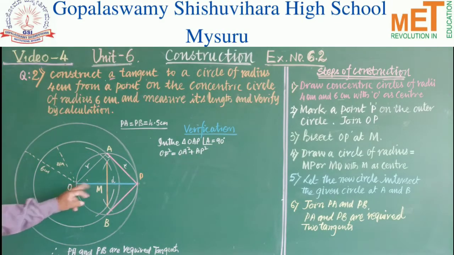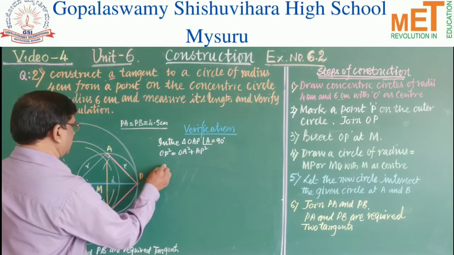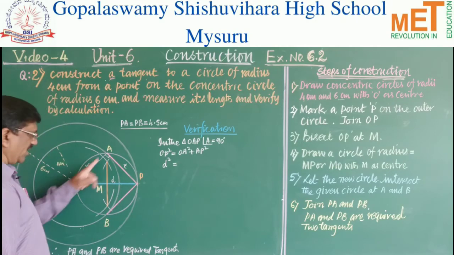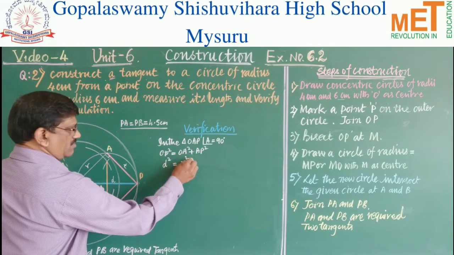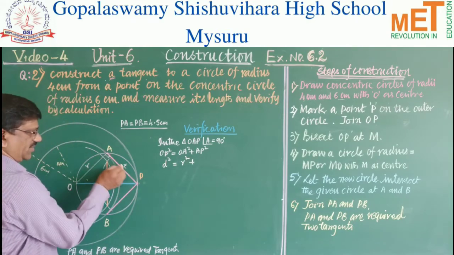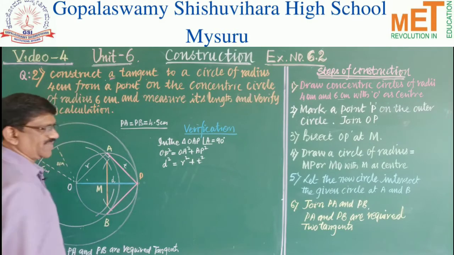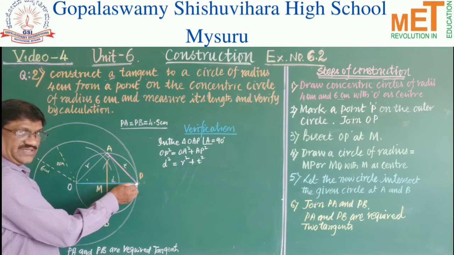What we have denoted OP as D, that is D square is equal to OA, we have denoted as R square, plus AP we have denoted as T, that is tangent T square. What we have to calculate? We have to calculate the length of the tangent.